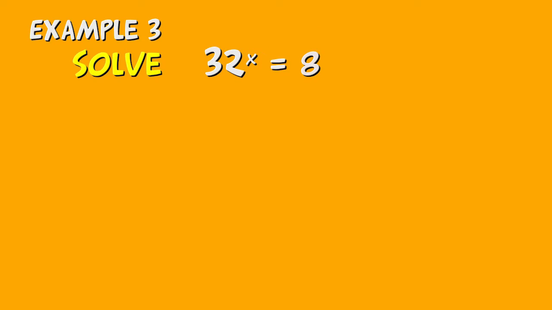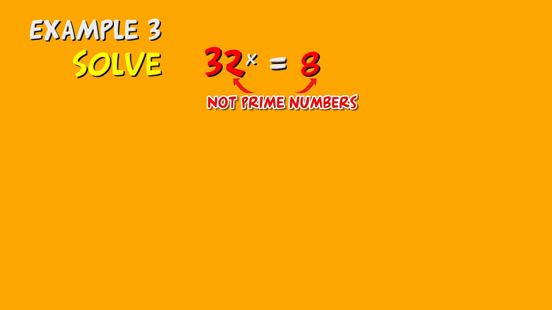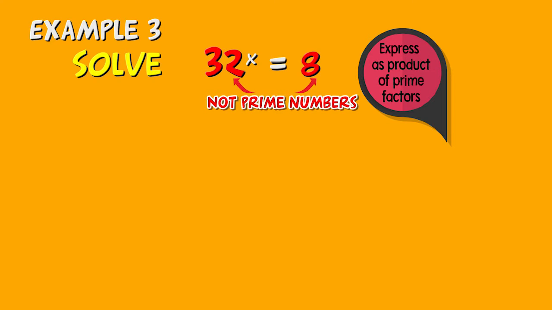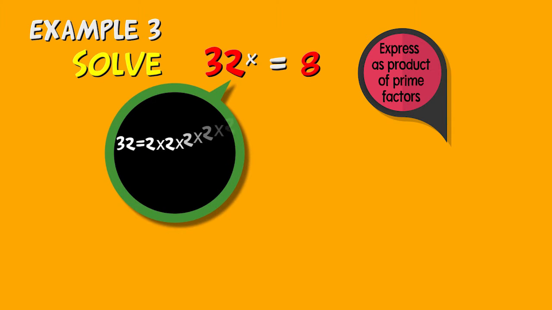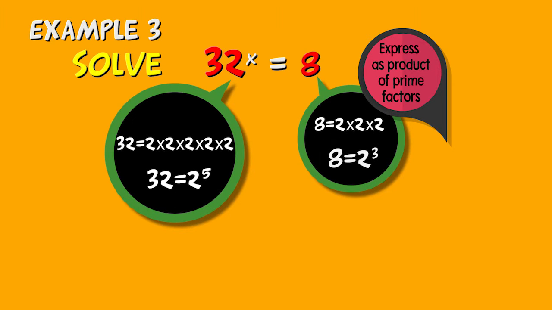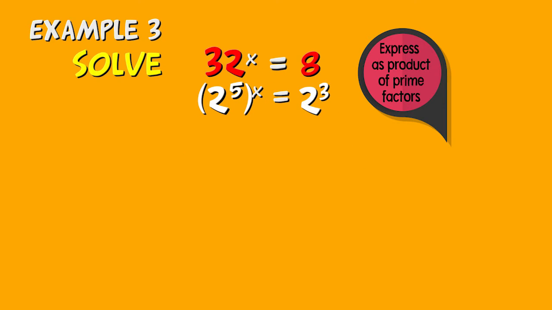Now, let's try to apply the same concept to this example where both the bases are not prime numbers. In this case, how can we get the bases to be the same? Let's start by expressing them as products of their prime factors. Replacing 32 with 2 to the power of 5 and 8 with 2 cubed, we will have this.